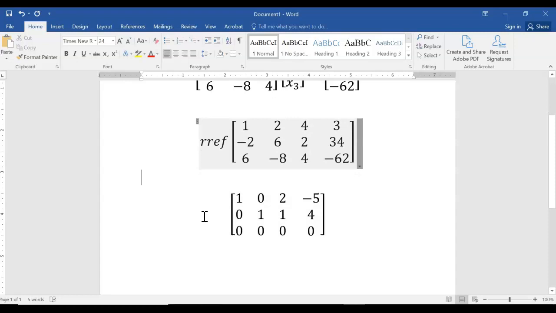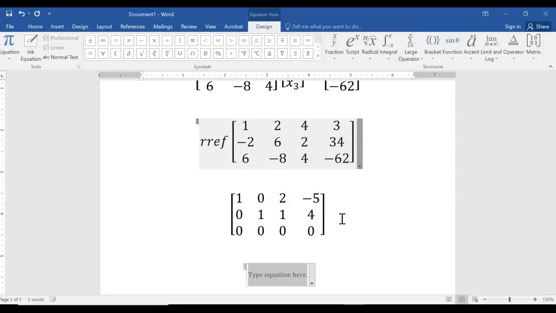You come up with this matrix here. Now remember that these columns stood for the coefficient of x1, the coefficient of x2, the coefficient of x3, and then equal to the constants. So what that first row is saying is that x1 plus 2x3 is equal to -5.